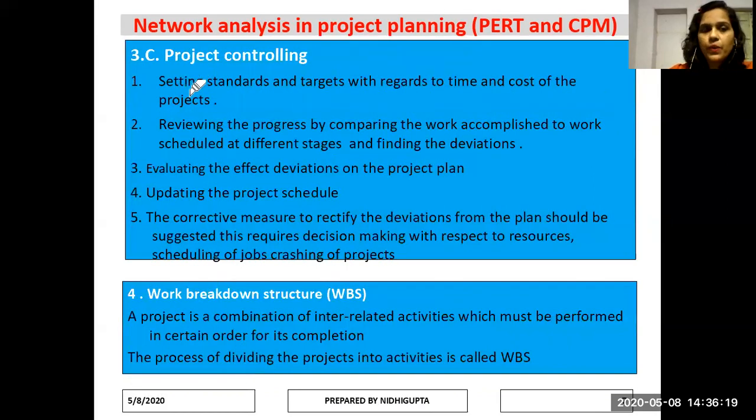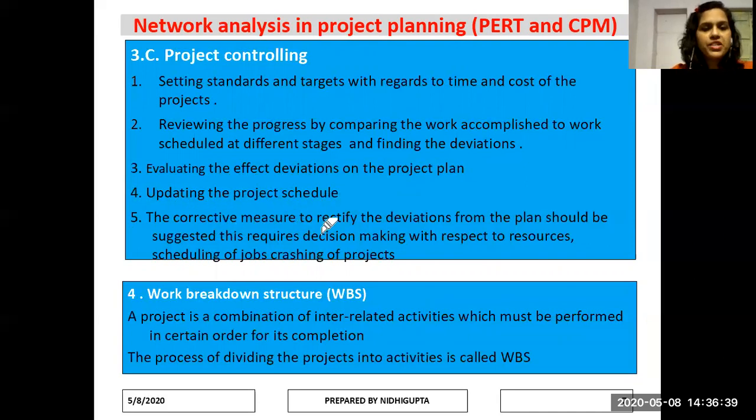Now, project controlling. Setting standards and targets with regard to time and cost of the project. Reviewing the progress by comparing the work accomplished to work scheduled at different stages and finding the deviations. Evaluating the effect of deviation on the project plan. Updating the project schedule.